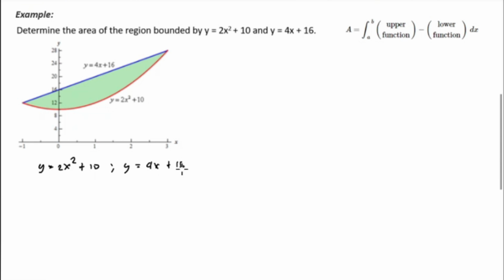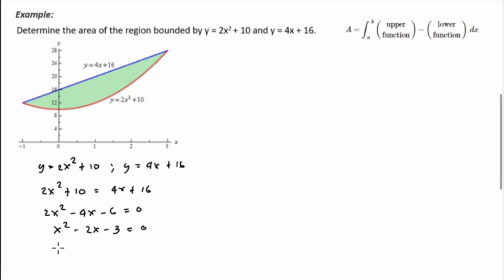So we need to find the intersection of the two given functions. 2x squared plus 10 is equal to 4x plus 16, and simplify. So 2x squared minus 4x, transfer to the other side, then 10 minus 16 or minus 6, equal to 0. Or this will be x squared minus 2x minus 3, dividing by 2, and equate that to 0.